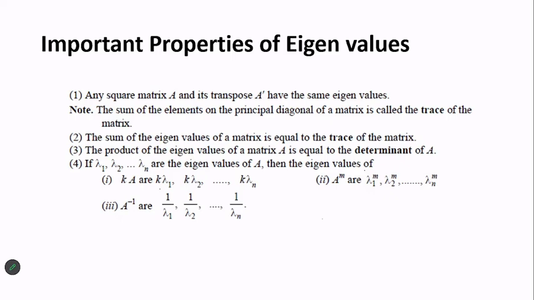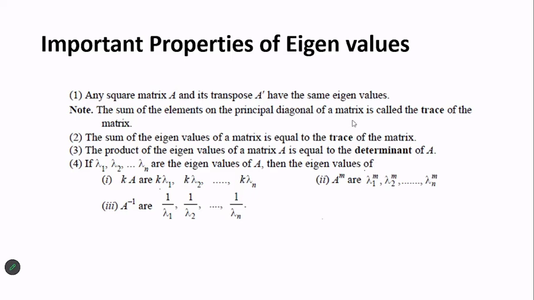So if you are considering A squared, the new lambda values of the A squared matrix will also be 1 to the power 2, 2 to the power 2, and 3 to the power 2. Right? So then 1, 4, and 9.